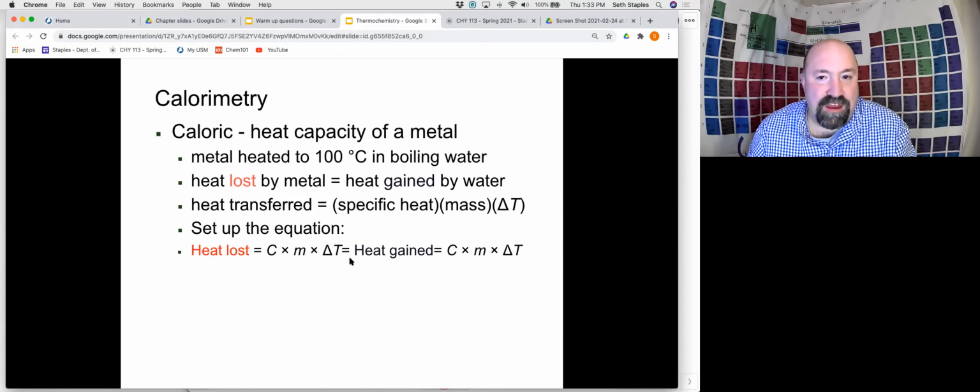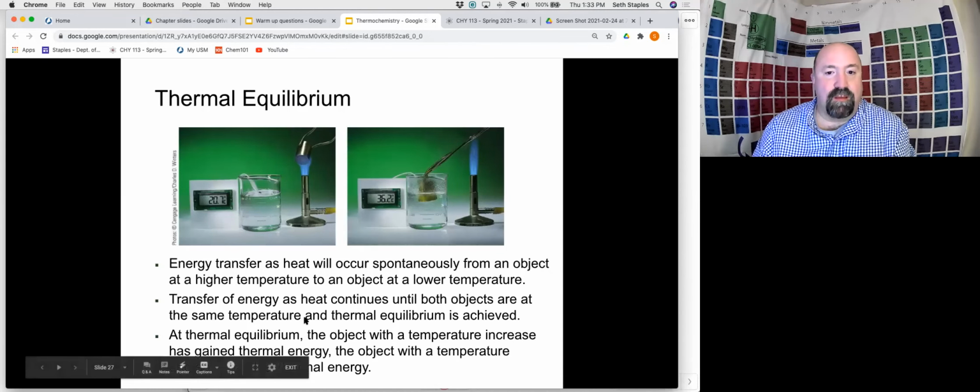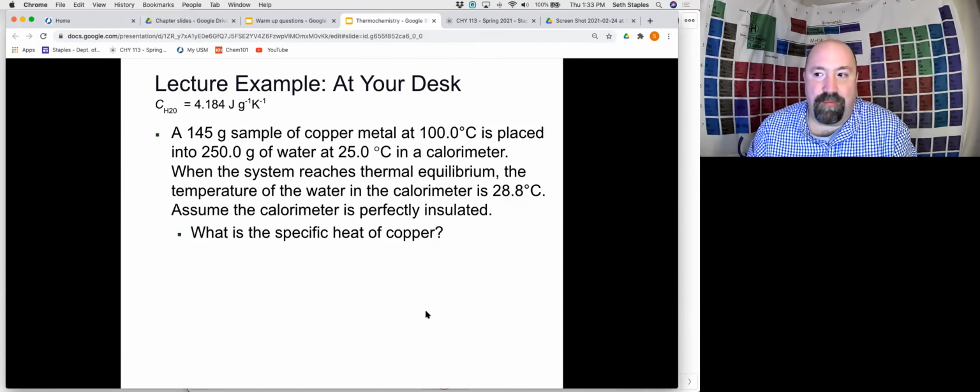And we'll take a look at how we actually do this in just a second. And so we have this energy transfer, and this is the idea of thermal equilibrium, which is very key to this, that the energy will transfer from the object at a higher temperature to the object at a lower temperature until the temperature of each is the same. And so let's look at how we would set something like this up.